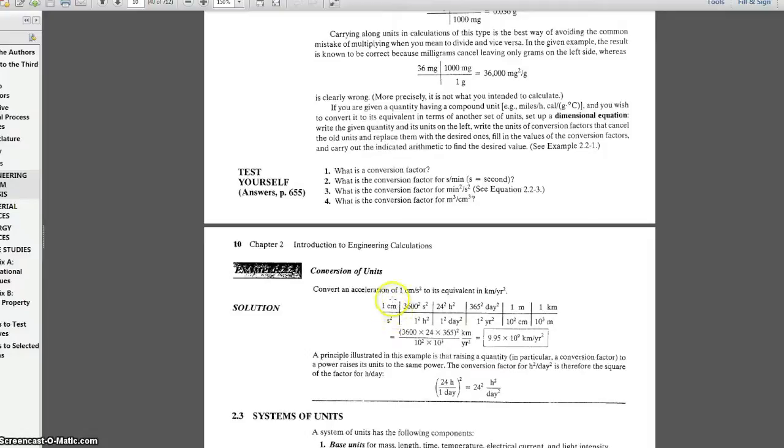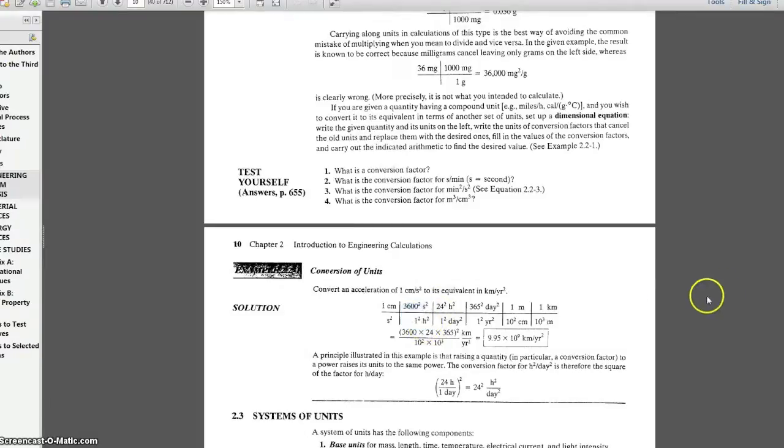So we start with 1 centimeter per second square, and so this is 1 second square. 3600 second square is equal to an hour square.